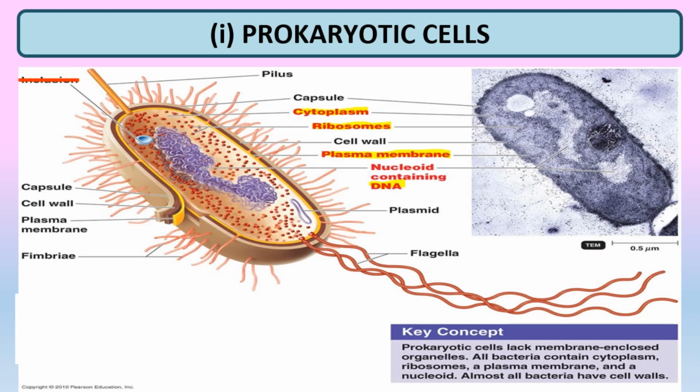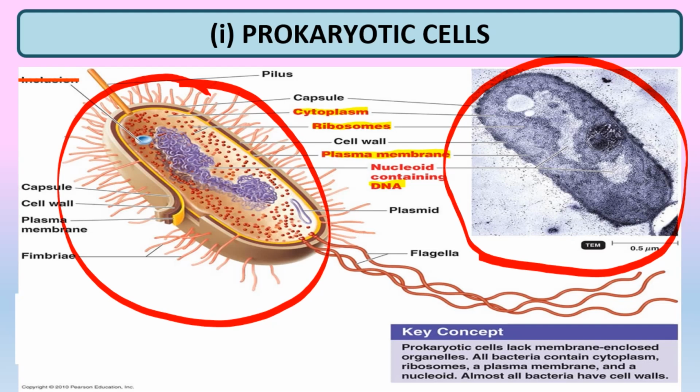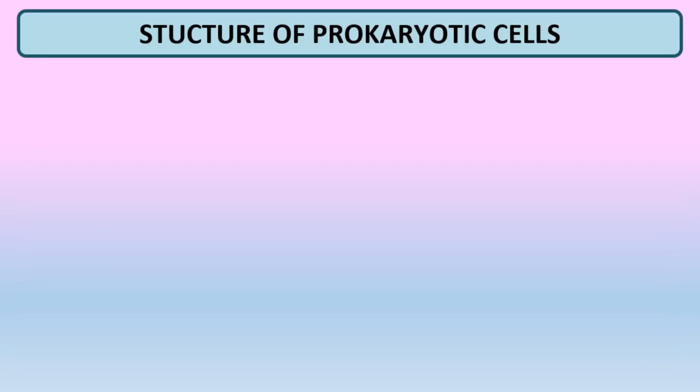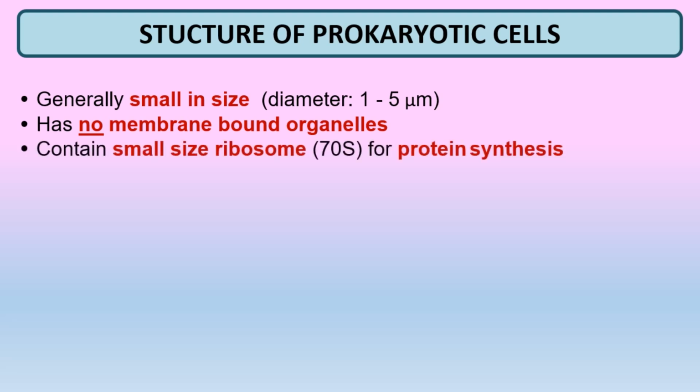The left diagram here shows a drawing diagram, while the right diagram shows the micrograph. Structure of prokaryotic cells: small in size, has no membrane-bound organelles, contains small-sized ribosomes for protein synthesis.